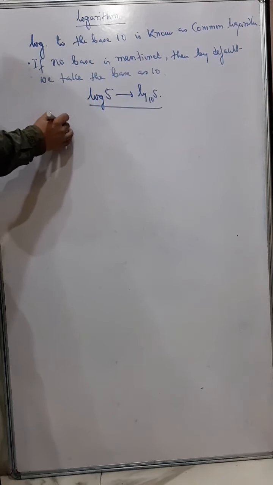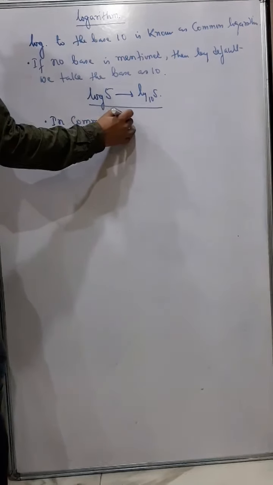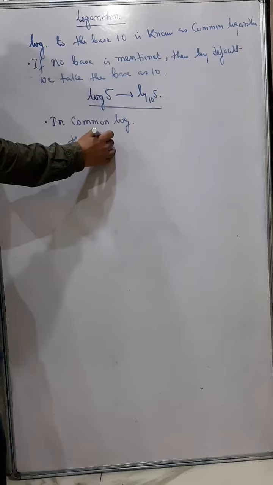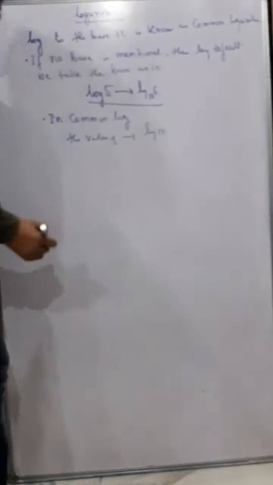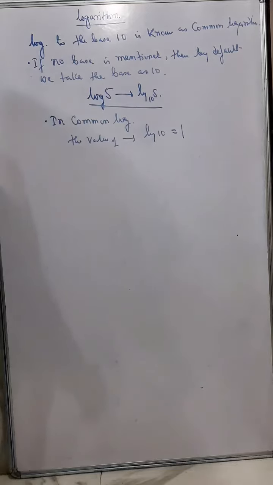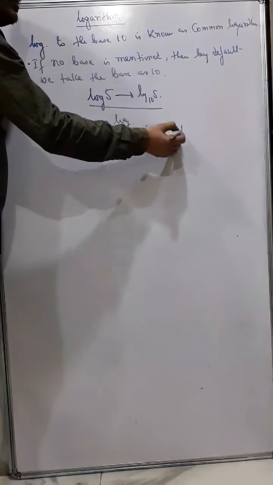And in common logarithm, say, log 10, the value of log 10 is 1. Okay, later on in the next part I will explain you more about it. That means the value of log 10 is always 1.